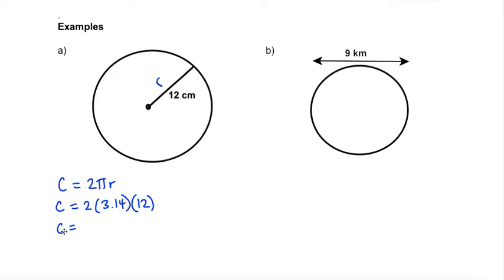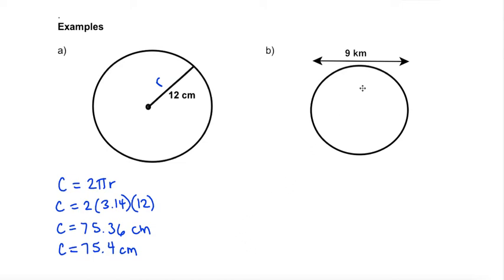I'm going to multiply all three of these numbers together. 2 times 3.14 times 12 gives me an answer of 75.36 centimeters. But sometimes I like to round my answers to the nearest tenth, so that's 1 decimal place. So 75.4 would be the answer rounded to that 1 decimal place.